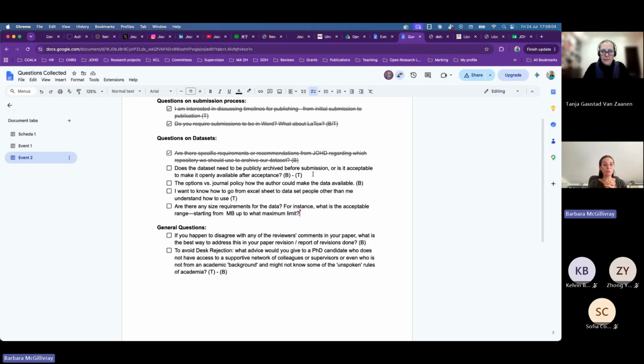If that's not possible for good reasons that you need to explain, then we need to give private access to it to the reviewers. But normally we would expect the data set to be available at the point where you submit the manuscript.